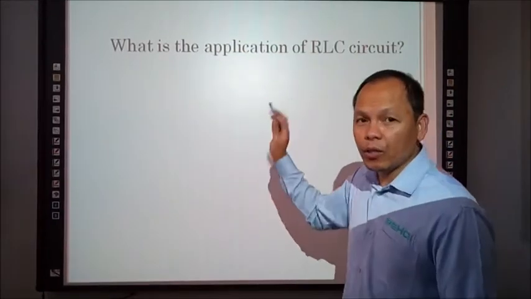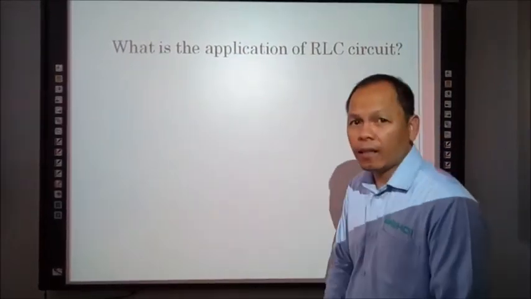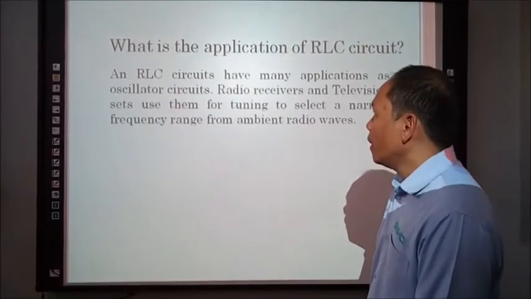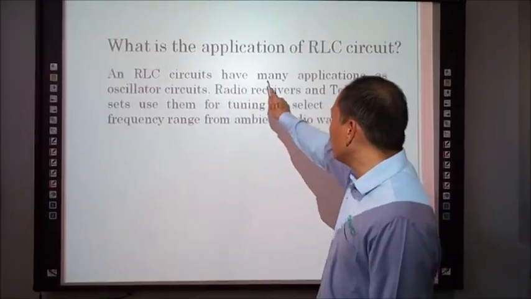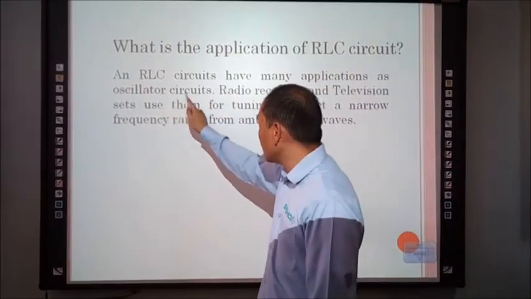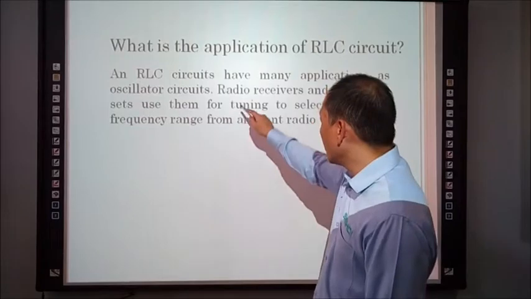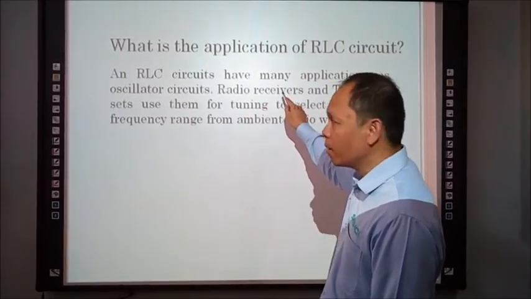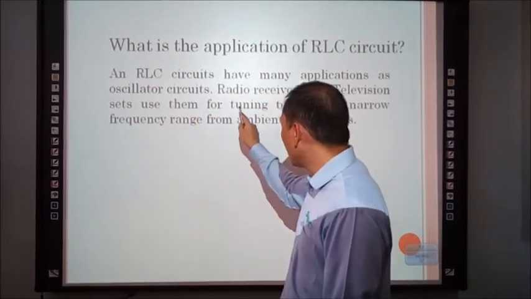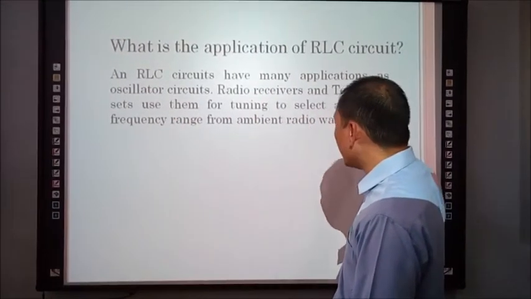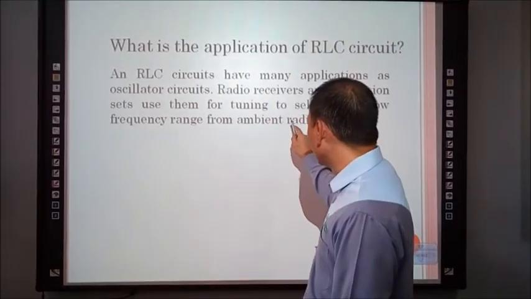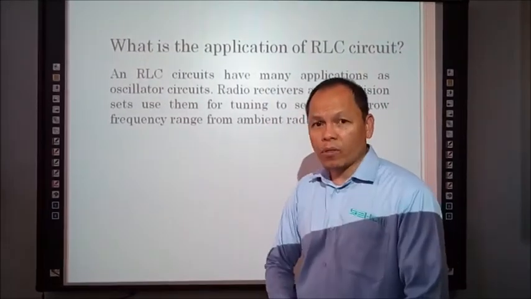Now, what is the application of the RLC circuit? RLC circuits have many applications as oscillator circuits. Radio receivers and television sets use them for tuning to select a narrow frequency range from ambient radio waves.